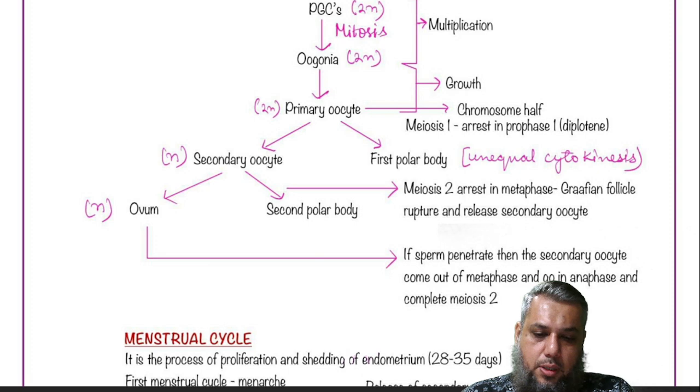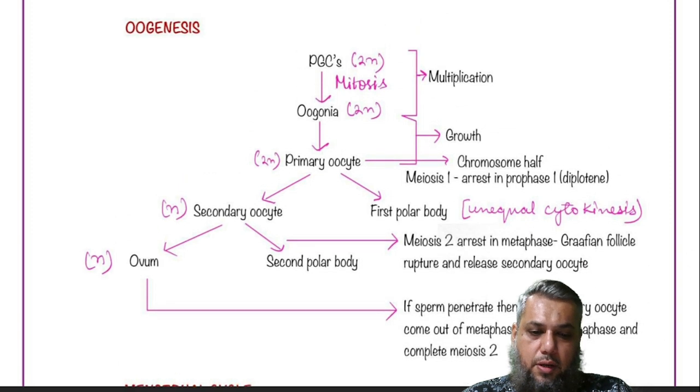Even oogenesis shows the presence of the three phases, that is, the multiplication phase, the growth phase, and the maturation phase.